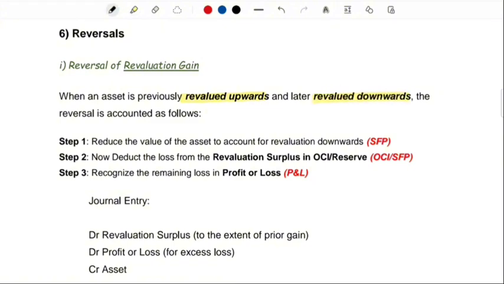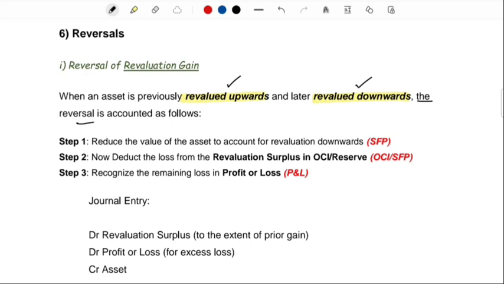So for that same asset, we had a revaluation upwards, and we also had a revaluation downwards in this period. Therefore, what happens now is what we define as the reversal. It was revalued upwards last year, and now it is revalued downwards. So it is basically a reversal, where you're bringing the asset down.